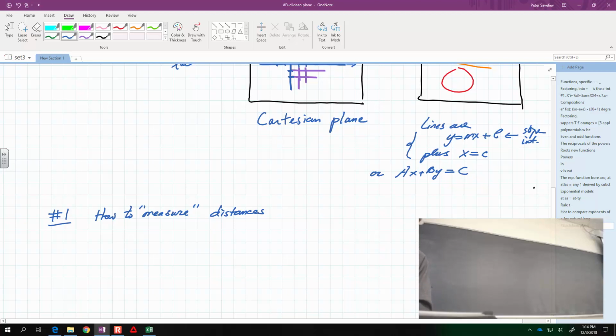Everything is pre-measured, so instead of measuring, we want to compute them in terms of their coordinates. Compute distances between points in terms of their coordinates.